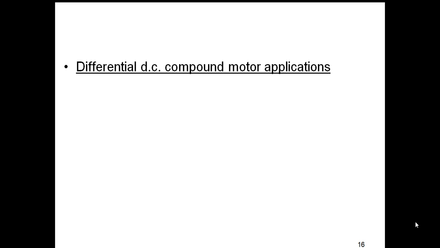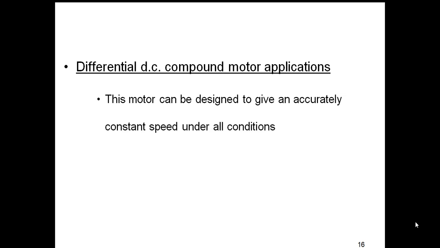The last one of these DC motors is the differential compound DC motors. And these motors will give an accurately constant speed at any condition.